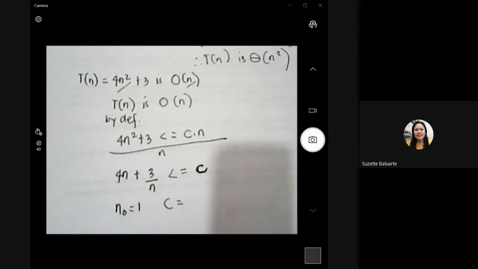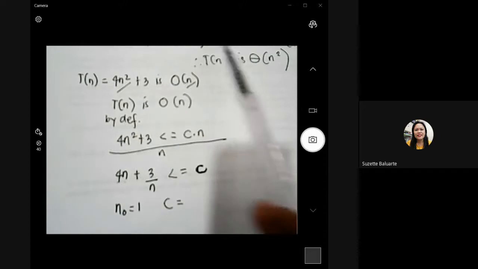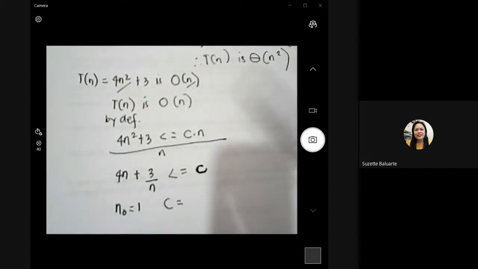Unsa man kung magkadako siya? Big O, big omega? Omega, miss. Big Omega. Oh, so, dili siya big O. Pero kani, pwede siya mahimong big omega. Kay ang value ni C, magkadako. Dili magkagamay. So, as the value of n increases in this particular example, the value of C will also increase.